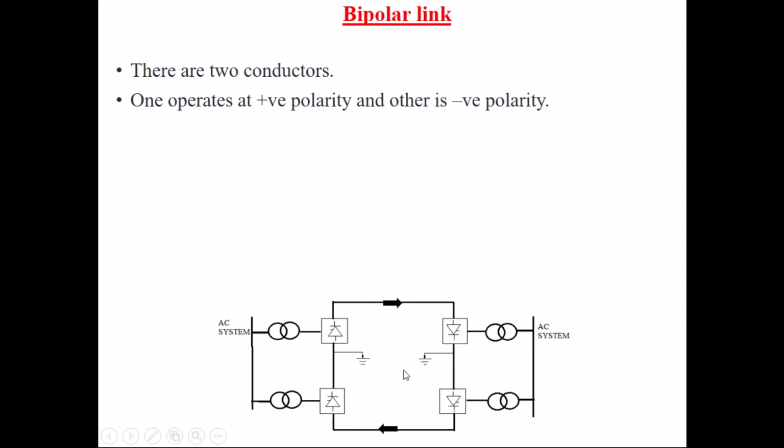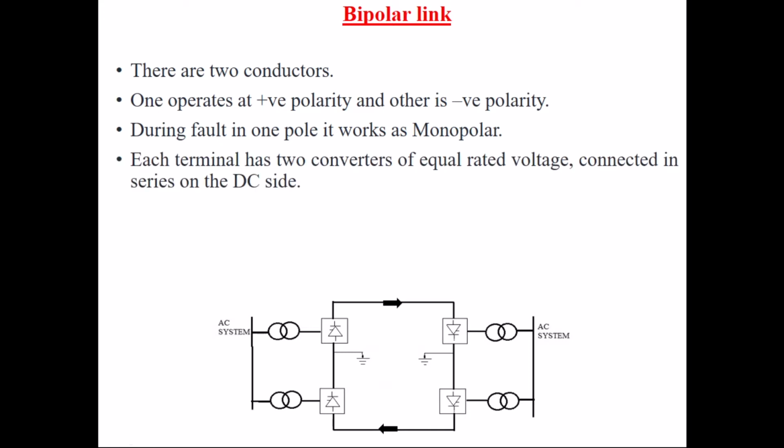So if a fault happens in any line or any one pole, we can maintain the power supply from one end to another end, which is not possible in the case of monopolar operation. Clear? So this is the advantage of the bipolar link, that by using any one conductor you can maintain the flow of power from one end to another end.